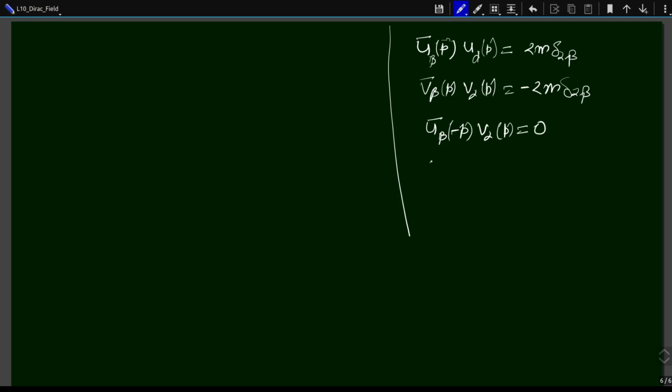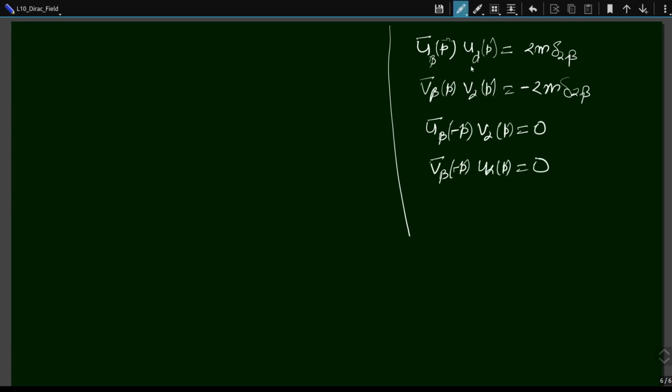You can check that when the three momenta are equal and opposite, they actually satisfy the orthogonality condition. This is a very special case. I haven't shown this in the class, but it can be checked. And v bar beta minus p u alpha p is equal to 0.